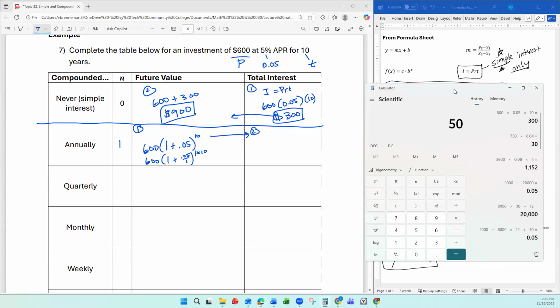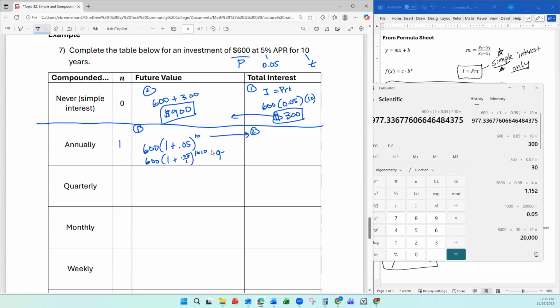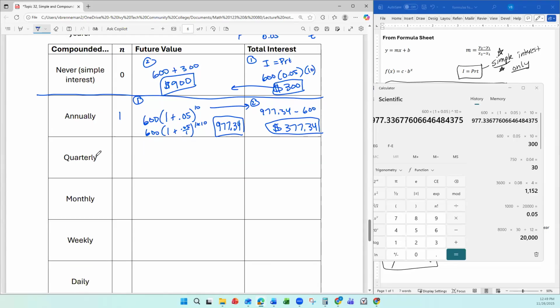So 600 times parentheses 1 plus 0.05 and parentheses to the 10th power, 977.34. And so the interest is 977.34 minus the original 600. And you see, going to annual compounding, you get more interest, $77 or so more than if it was simple interest.